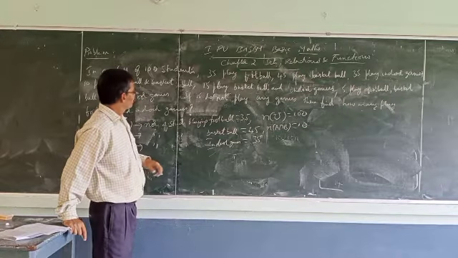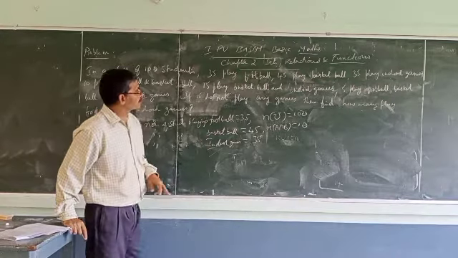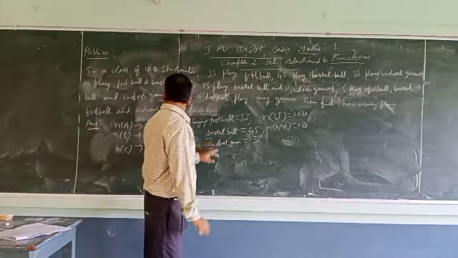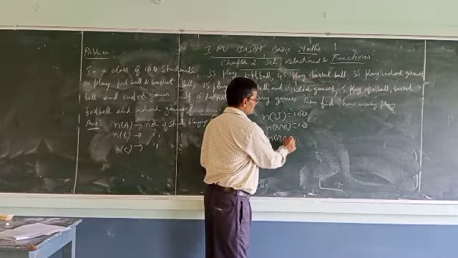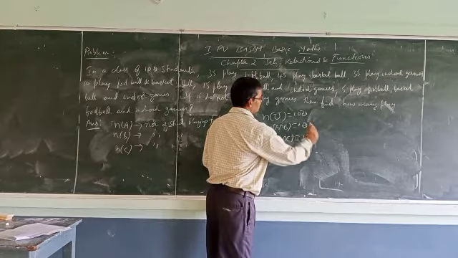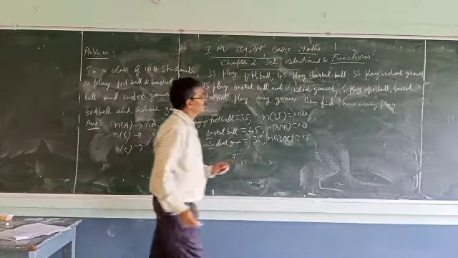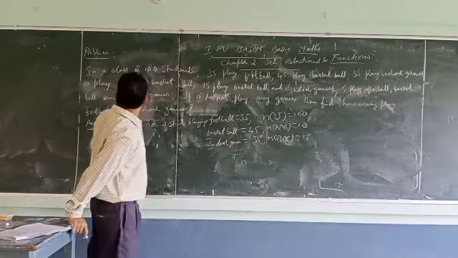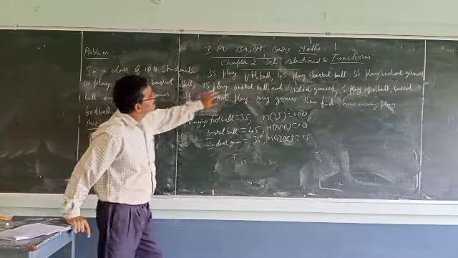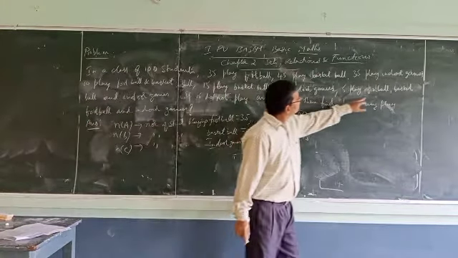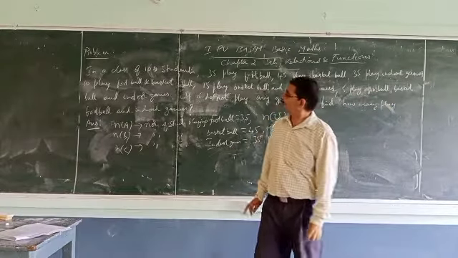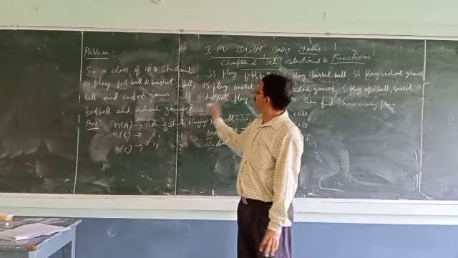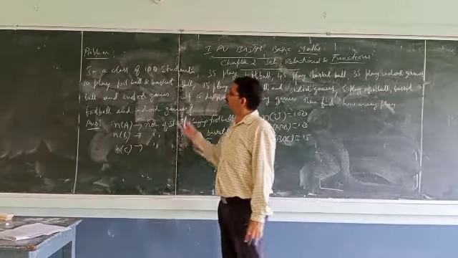15 play basketball and indoor games, so N of B intersection C is 15. Next, what else is given? 5 play football, basketball and indoor games. 5 play all the three.